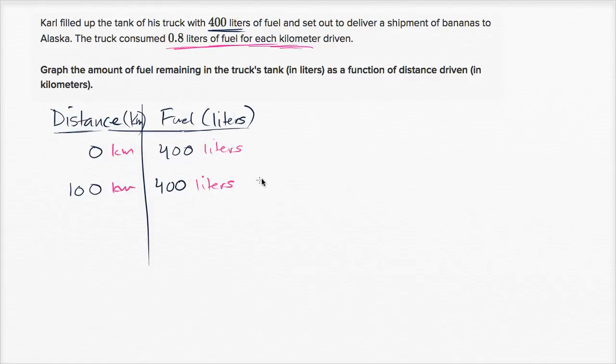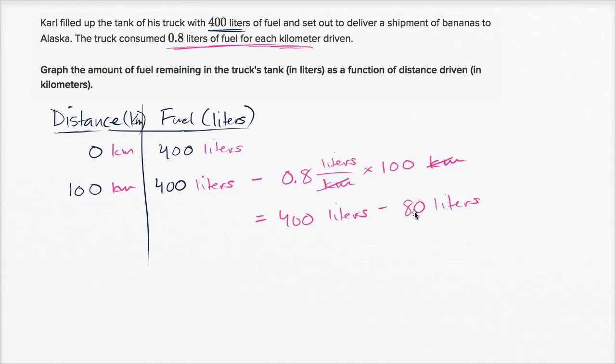It's going to be 400 liters minus 0.8 liters per kilometer times, let me make that clear, times 100 kilometers. Same thing, kilometers divided by kilometers, and we are left with 400 liters minus 0.8 liters times 100. That's just going to be equal to 400 liters, which is how much he started with, minus 0.8 of 100 is 80, and the units left is 80 liters. So 400 liters minus 80 liters, that's going to be 320 liters.